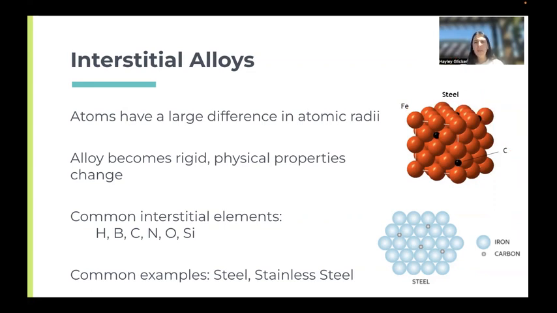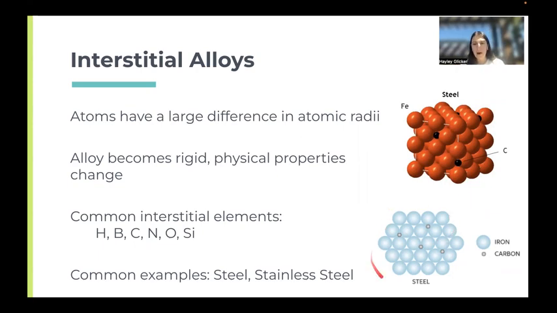So ultimately what happens is we have our iron structure here, and the carbon is able to fit into the little crevices. It's basically playing a game of hide and go seek, and carbon is really good at that because it's really small. So they're ultimately able to fit into these little crevices that happen because iron is a lot bigger than it.